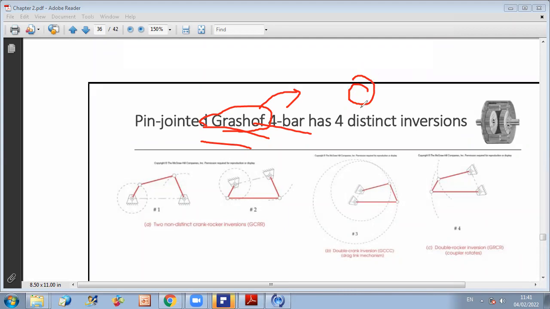Okay, as we'll see together, we might have just one link doing complete rotation. We can have several links doing complete rotation. But at least we should have one link in the mechanism able to do complete rotation, to name it a Grashof system. Okay, now how can we create the inversions here?